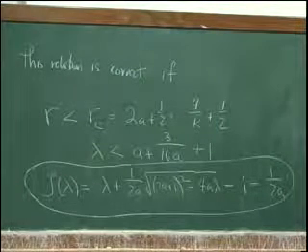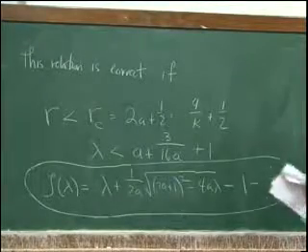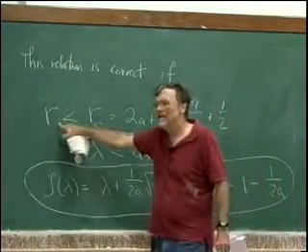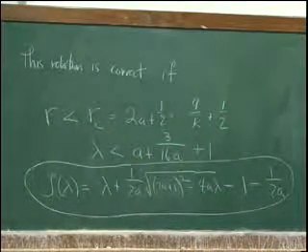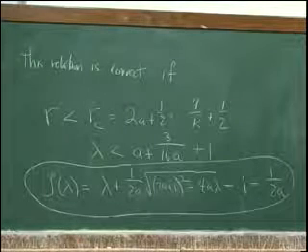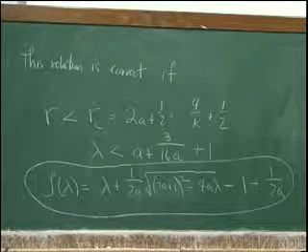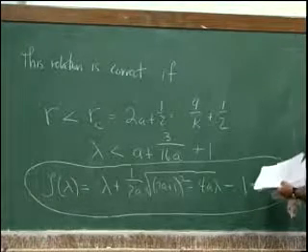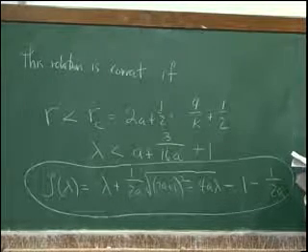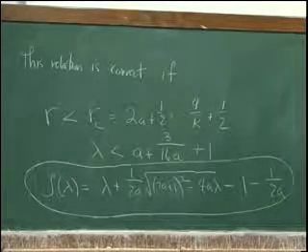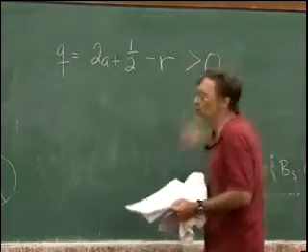So for the rest of today, I'm going to concentrate on r less than r critical. I'm going to look at this regime. And I'm going to let q be 2a plus 1/2 minus r. And as we see later on, the critical fact will be that q is bigger than 0.